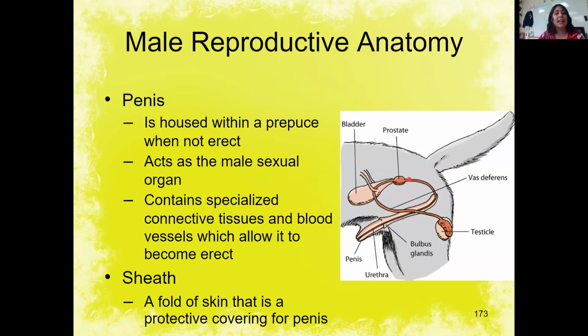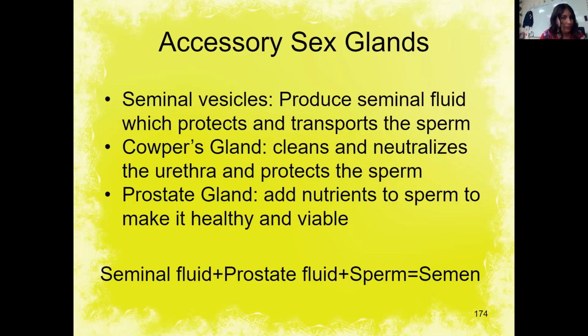I got like a little care package, take it with you. And what it is, the prostate fluid has a bunch of nutrients in it to make the sperm healthy and viable, to again help it to be able to make that journey through its own reproductive system and then through the female reproductive system.